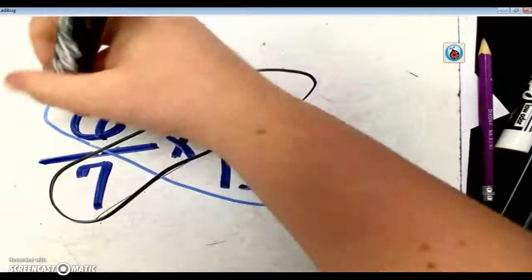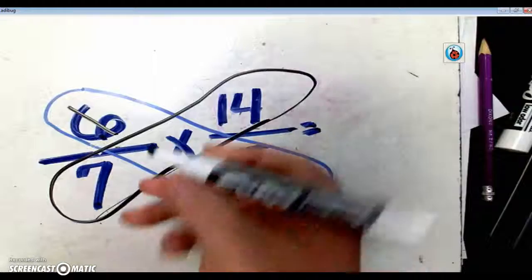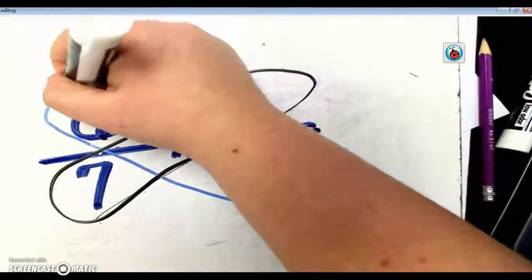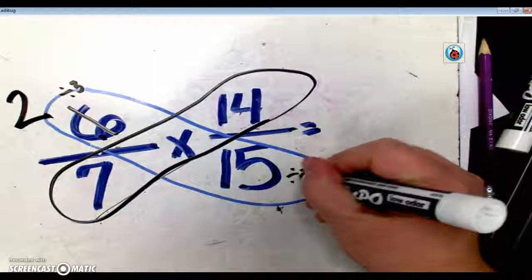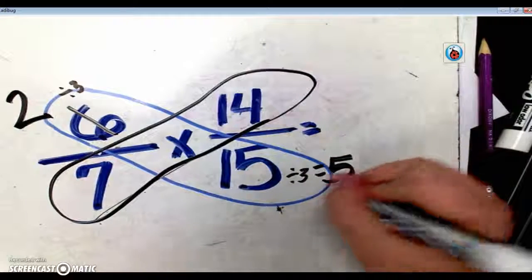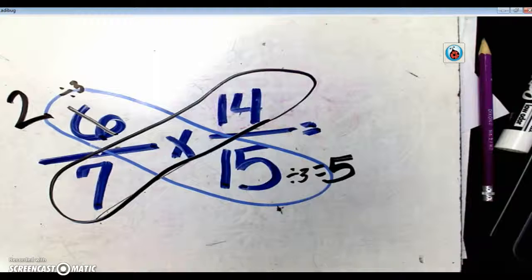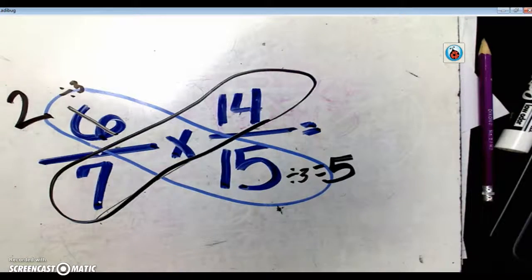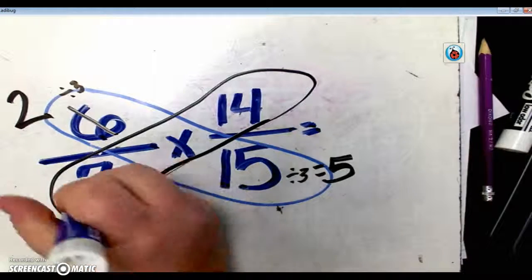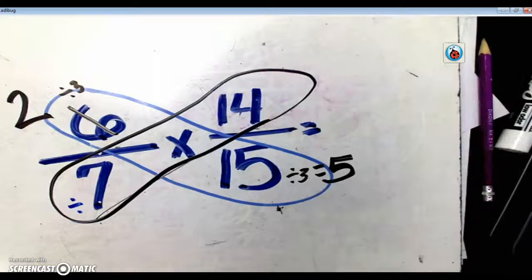3. So I can divide 6 by 3 and get 2. And I can divide 15 by 3 and get 5. Okay? Is there anything that I can divide 7 and 14? I can divide by 7. I cannot divide by 2 because 7 is prime. But I think you were thinking 7 times 2 is 14.